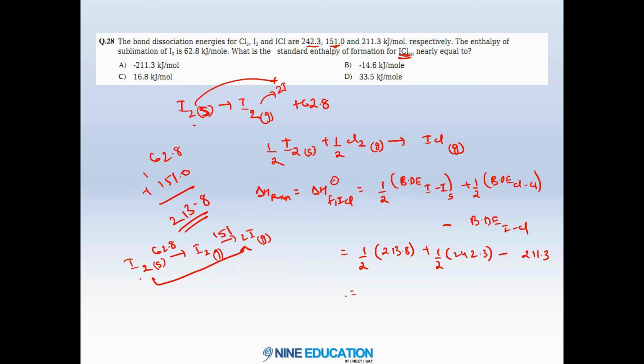So if you are able to solve this, you will get the answer. Right? So here we are getting exactly 16.75 kilojoule per mole. So 16.8, you can approximate it and get the answer.